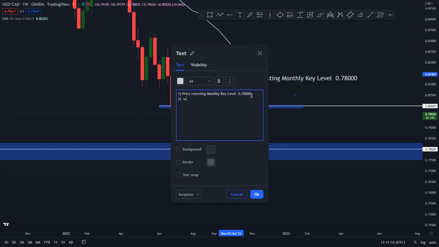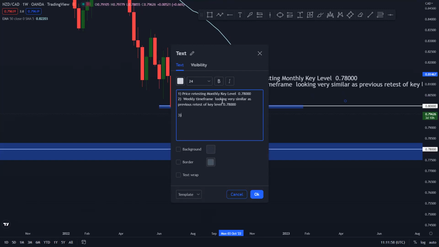So we had price retesting the monthly key level that we can see from the monthly time frame.